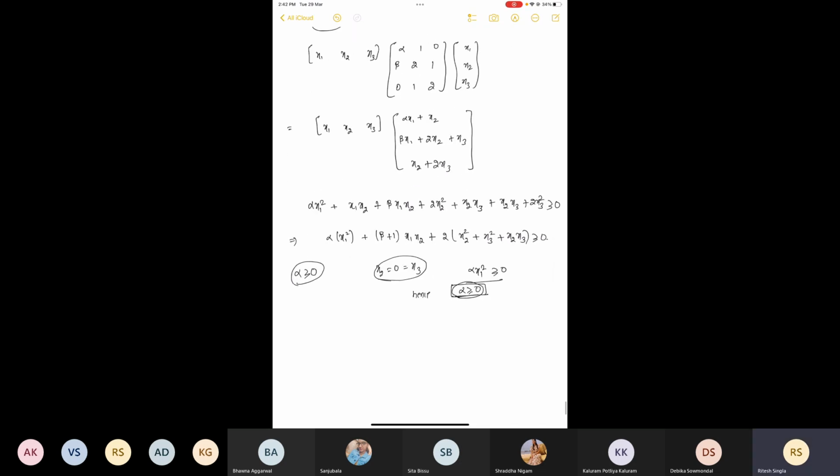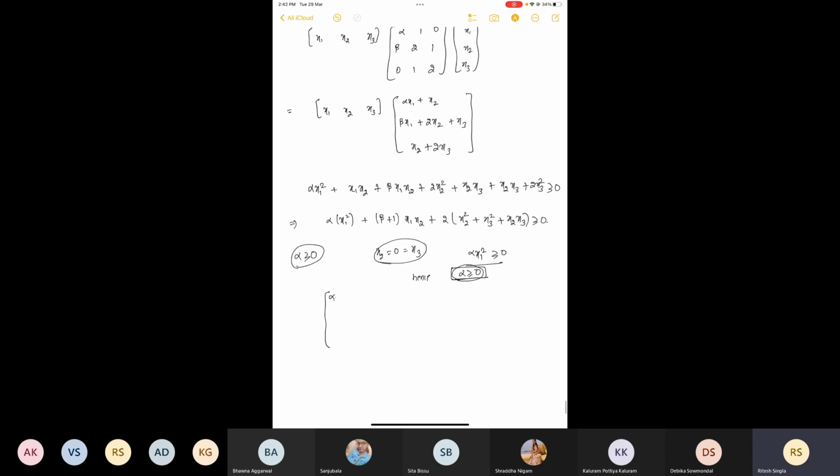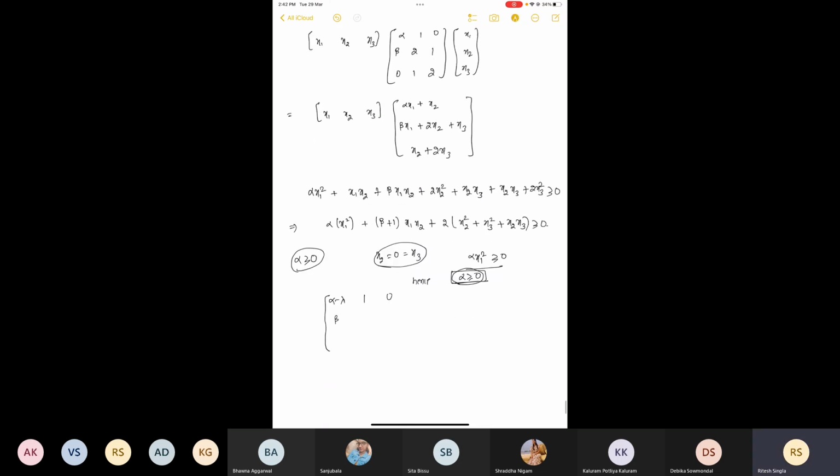Okay, let us try to find the eigenvalues directly. The determinant of the matrix with rows (alpha minus lambda, 1, 0), (beta, 2 minus lambda, 1), (0, 1, 2 minus lambda) is equal to 0.